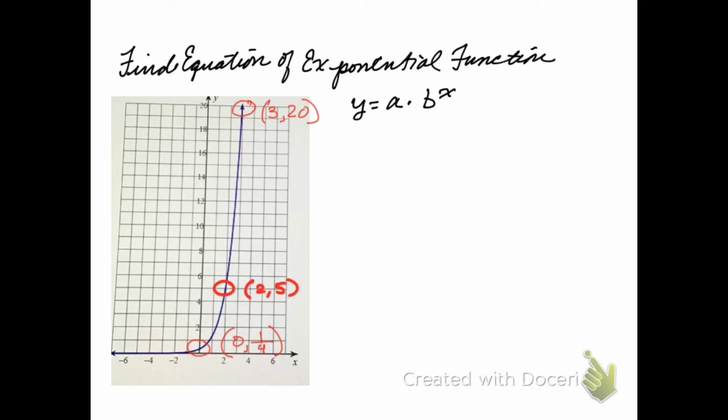Another reason we would like to get the y-intercept, even if it's not a precise point, is that it's going to help make our work more efficient. I'm going to start off with that first point, 0, 1/4, and substitute it into the general equation.